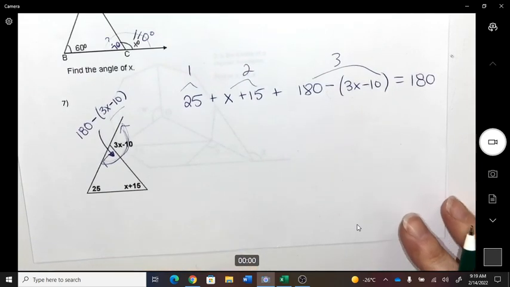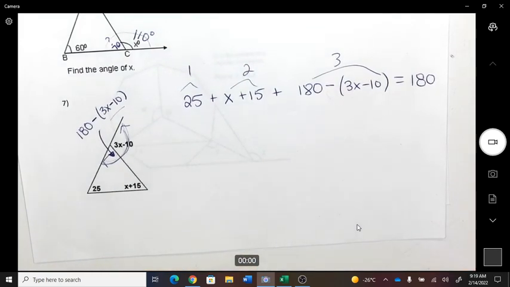So those 3 angles in the triangle, that's what I'm organizing. That angle, and that angle all add up to 180.